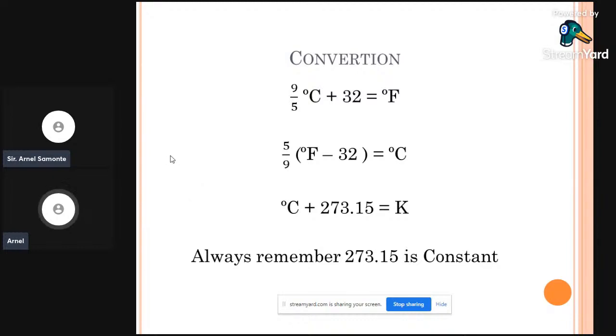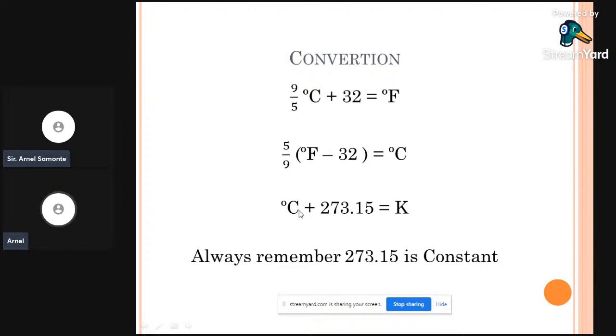Pero if you have 100 degrees Celsius, that is equal to 373.15. So, 9 over 5 times degree Celsius plus 32 is equivalent to Fahrenheit. And 5 over 9 times Fahrenheit minus 32 is equivalent to degree Celsius.